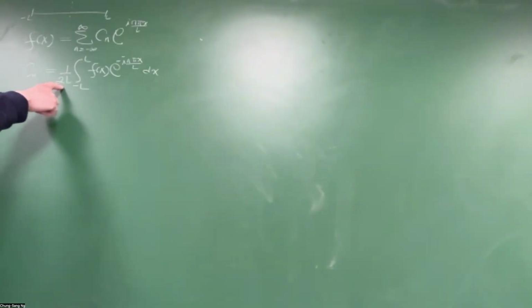And you convince yourself that e to the i m pi x over L multiplied by e to the minus i n pi x over L, integrated over x over one period, would be 0 if n does not equal m, because all these are periodic functions, and non-zero when n equals m, and it will give you 2L because you integrate minus L to L, and cancel with the 2L in the denominator, and you recover this formula. Only the m equals n term survives. That's how you derive it, and it's elementary and rigorous.